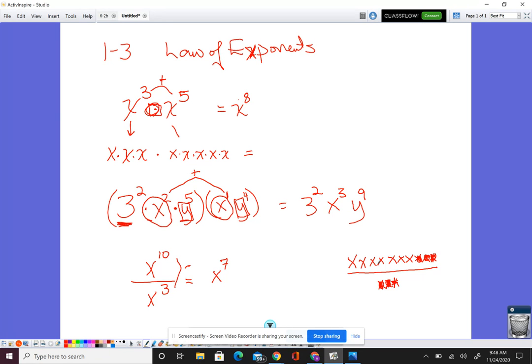And we're left with 7 x's on top. So those are the two concepts that we're using today. When we multiply, we add exponents. And when we divide, we subtract exponents.